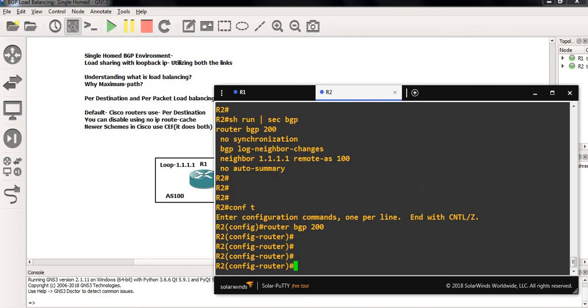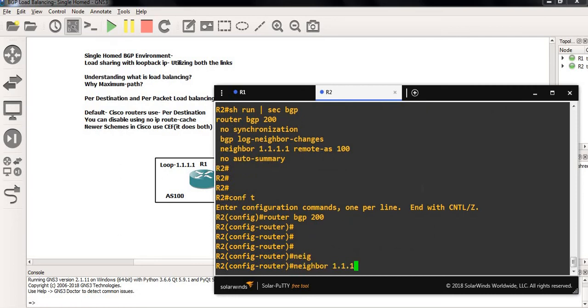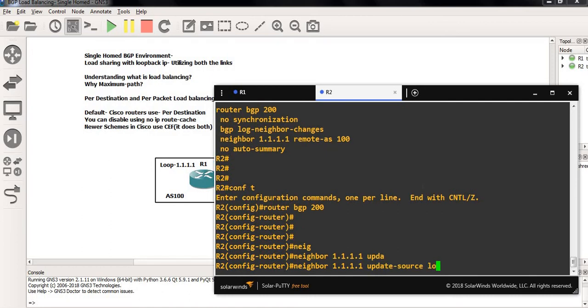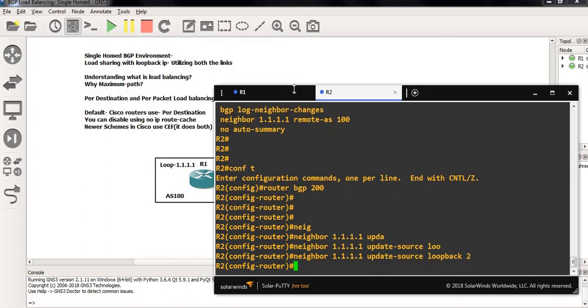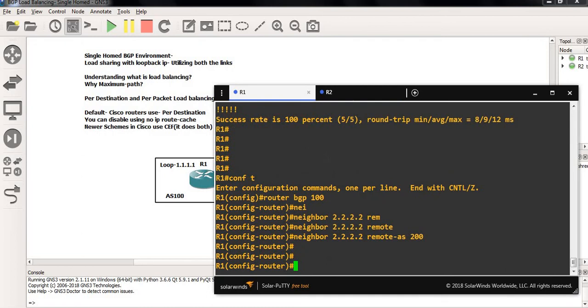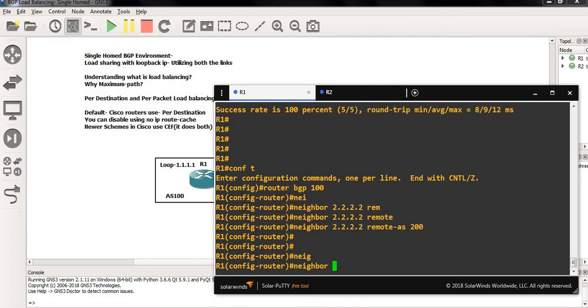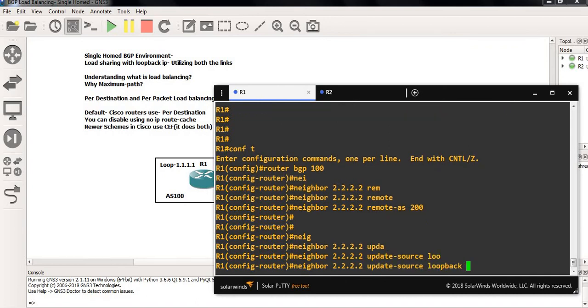So let's quickly do it: neighbor 1.1.1.1 update-source loopback 2, and similarly neighbor 2.2.2.2 update-source loopback 1.